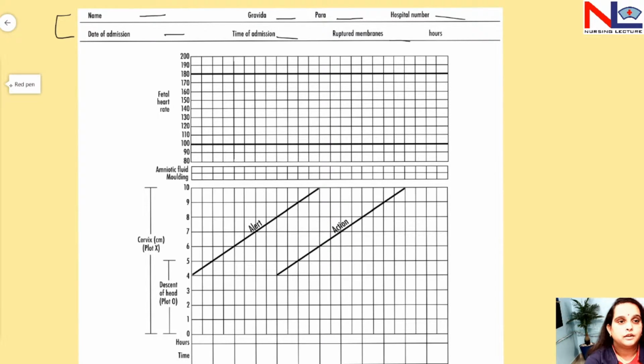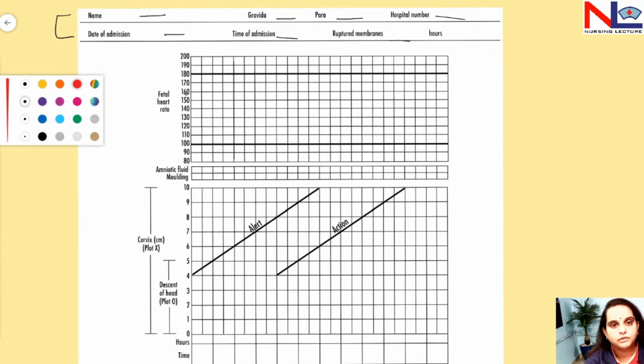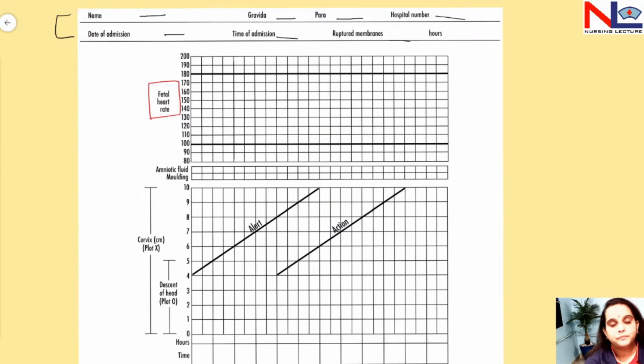Next thing which we are measuring here is the fetal outcome, and in fetal outcome there is FHR, that is fetal heart rate. In this fetal heart rate, you all know that the baseline is about 110 to 160 beats per minute. So, how can we plot here? We can plot by a dot.